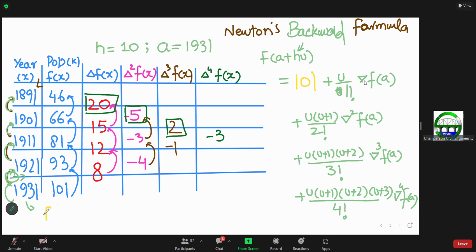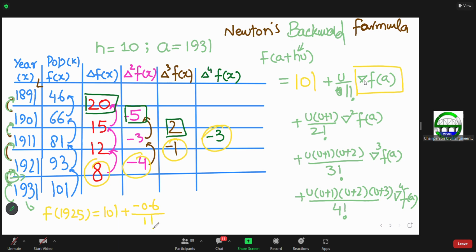So f of 1925 will be equal to 101 plus u is equal to minus 0.6 divided by 1 factorial into nabla f of a. What will be the nabla f of a? Can anyone tell me? Back shift 1. What will be this one? 8. Correct. It will be 8, then minus 4, this one, and then this one.